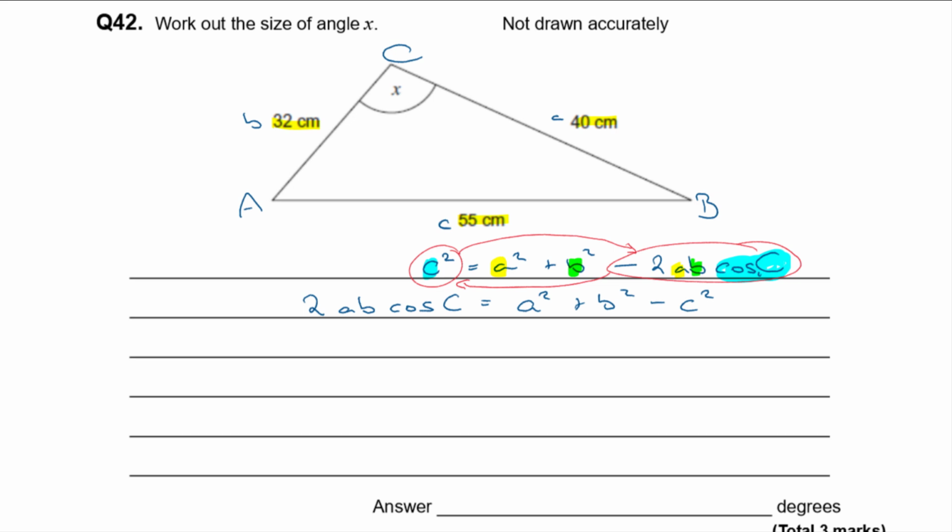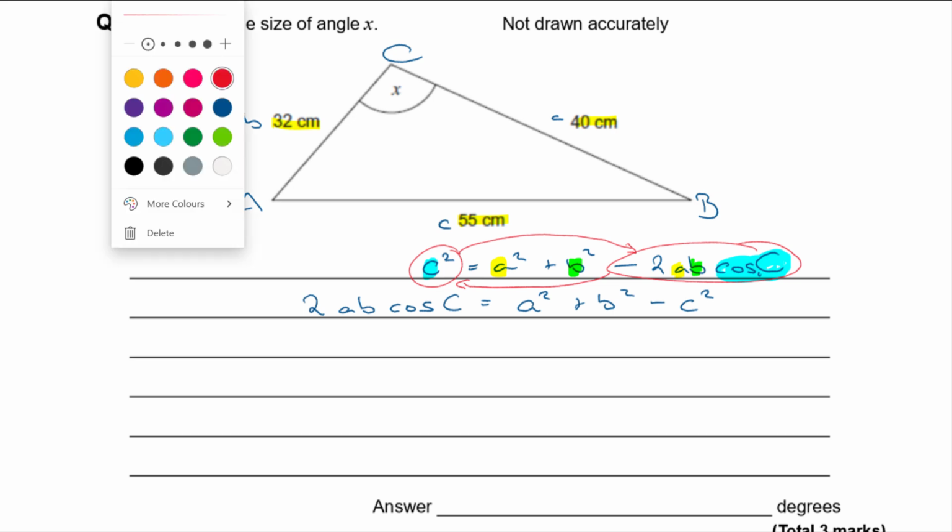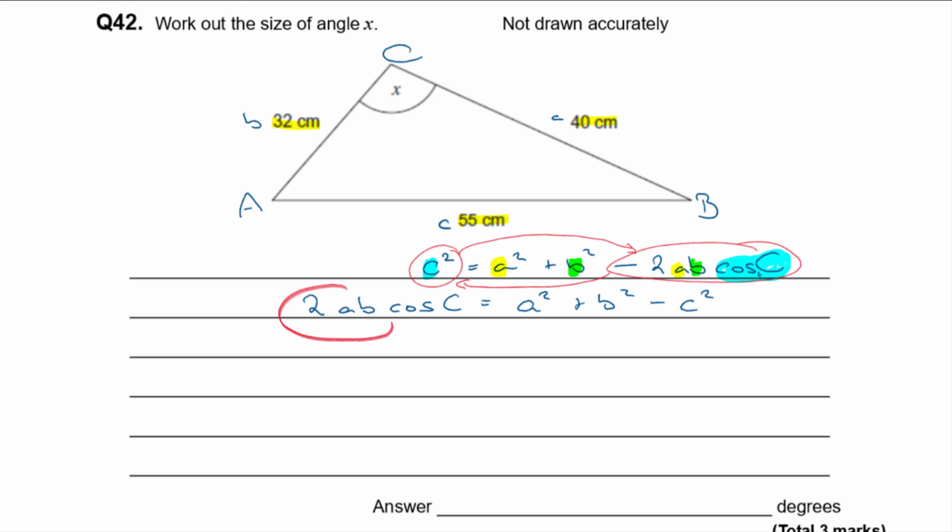And then I'm going to take this part that's in front of cos c and divide both sides by it, so it'll end up moving down there. So I get cos c is equal to a squared plus b squared minus c squared over 2ab. Okay, so that's the formula, and I just need to carefully sub into it now. I already labelled up my triangle ABC, so it should be a little bit easier to sub in.